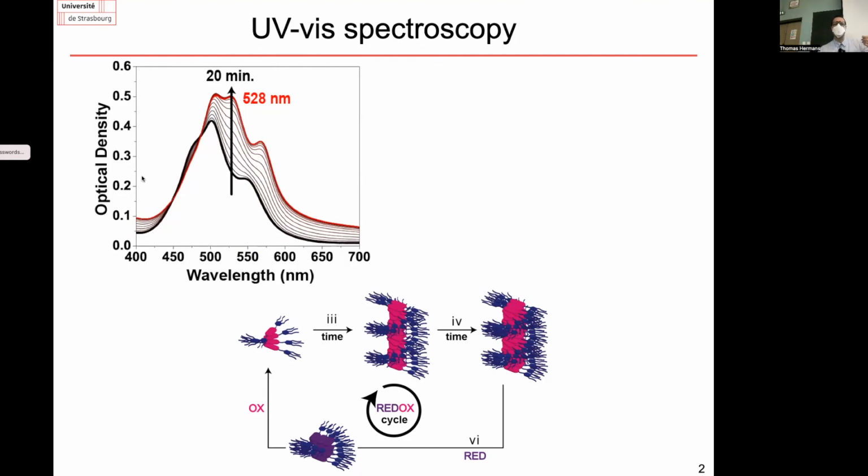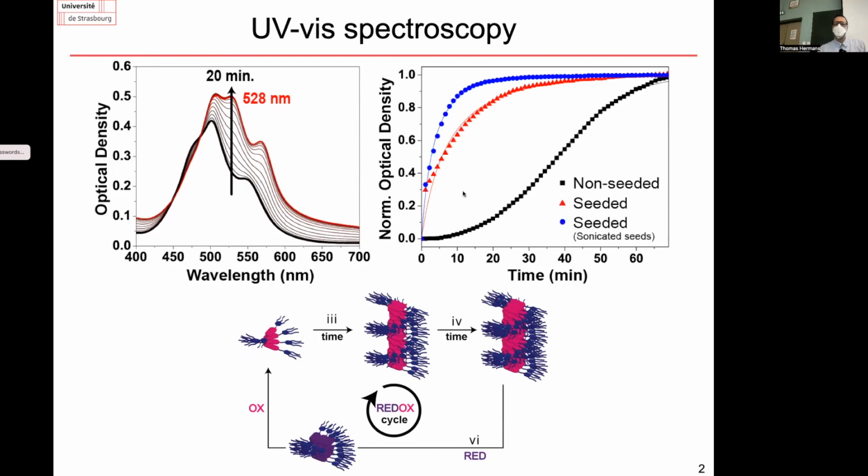So in our case, you see that we start at this black spectrum, and then when the molecule self-assembles into bigger structures, you get a red shift, right? So we get J aggregates, but we also get this new transition here, and the baseline goes up. This means there is light that is scattered. So I cannot call this absorbance, because it's not only absorbance, it's absorbance and scattering. And that's why I call it optical density.